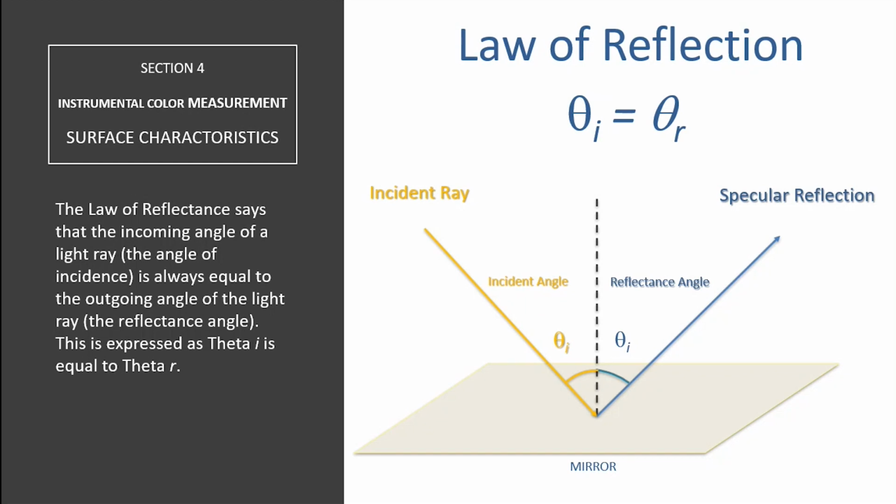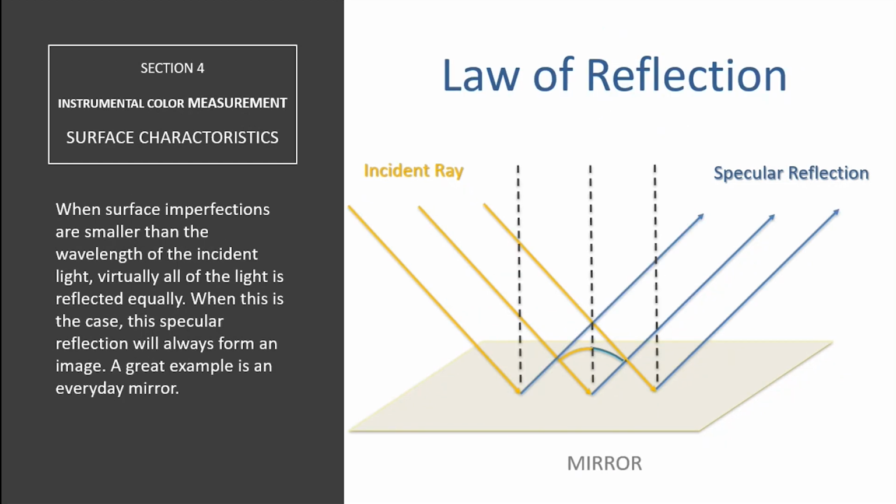Theta I is equal to theta R. Now, when surface imperfections are smaller than the wavelength of incident light, like a mirror, then all of that light reflects specularly and perfectly, so you always get an image, like you do in a mirror.